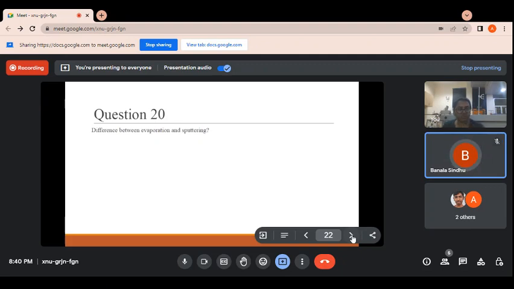Yes, E-beam evaporation. Why, ma'am? Because here we use the E-beam, and the E-beam goes to the source material, and it is heated and vaporized and deposited on the substrate.